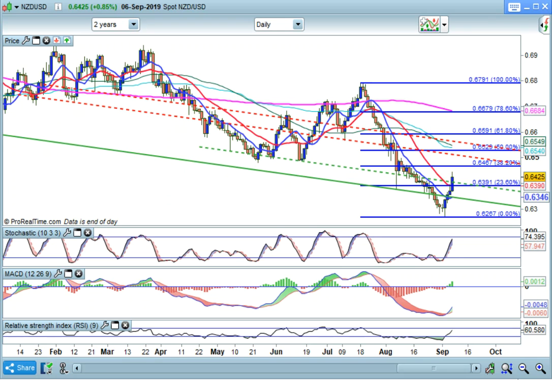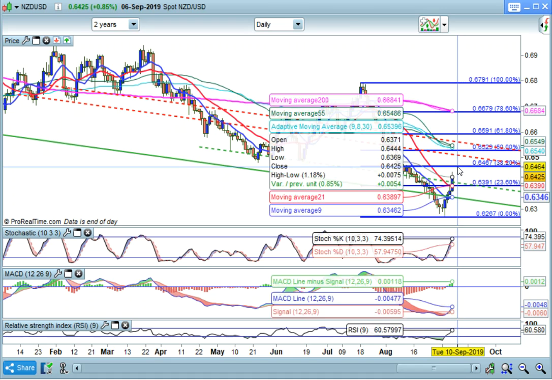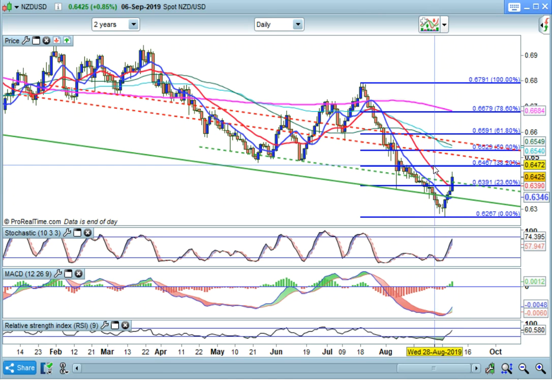Yeah, okay, it's gone up all last week. Well, it went down all in August. So, because it's gone down all in August, and we are looking at target areas, first one here, as I said, 64.67. We're trading at the moment 64.26.